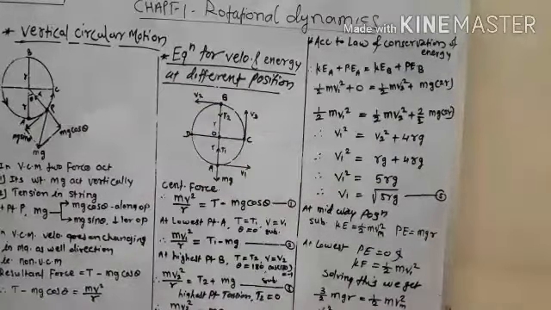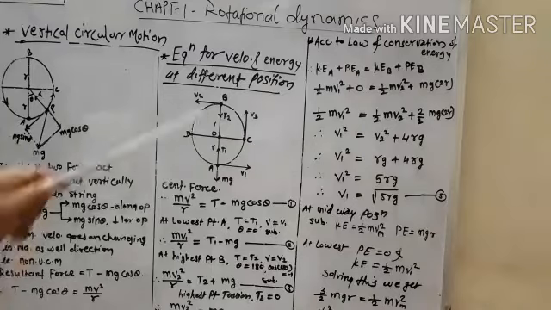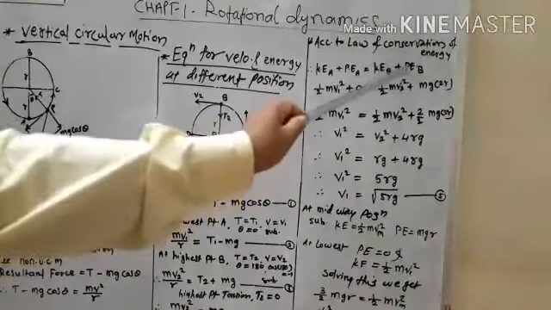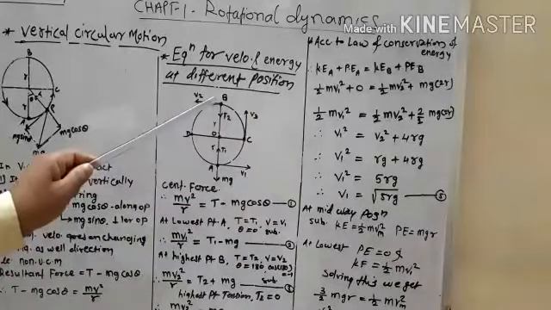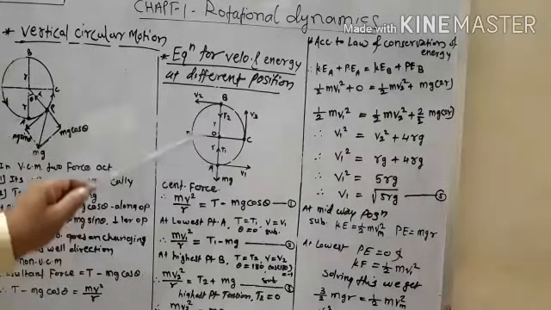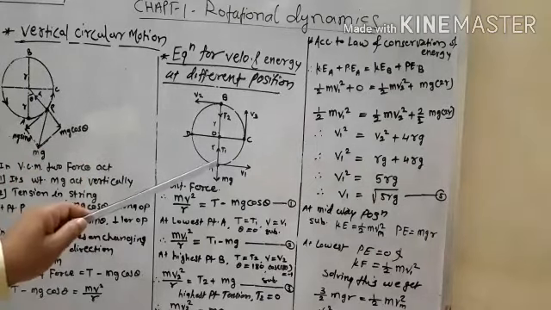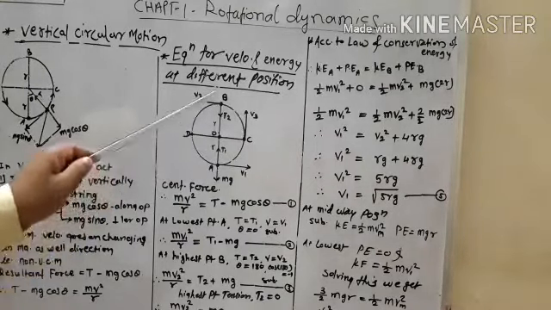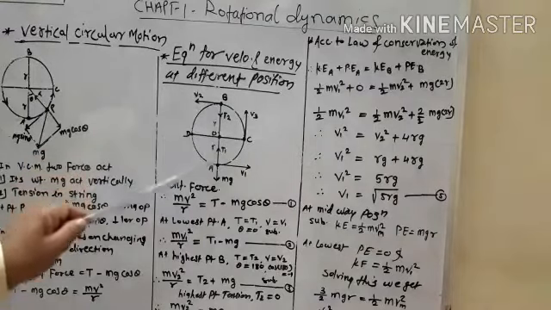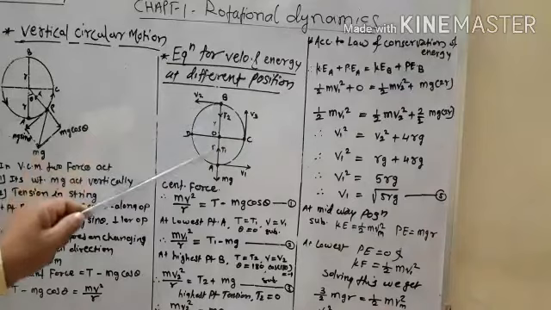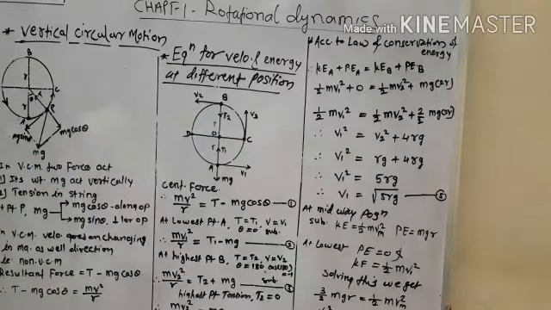On the right side, kinetic energy at point B is nothing but 1/2 mv2 square, and for potential energy at point B, you can see here the height h. From the lowest position A to the highest position, this is nothing but the diameter, radius r plus r, which is 2r.